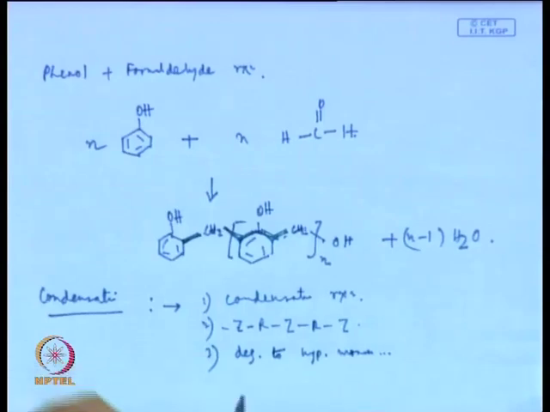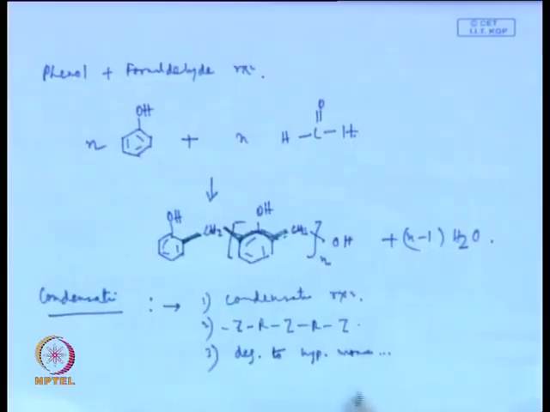And if any of the polymers does not fulfill any of these criteria, then we call them addition polymers. So, once again, at present you should classify polymers as condensation polymers if they fulfill any of the conditions.